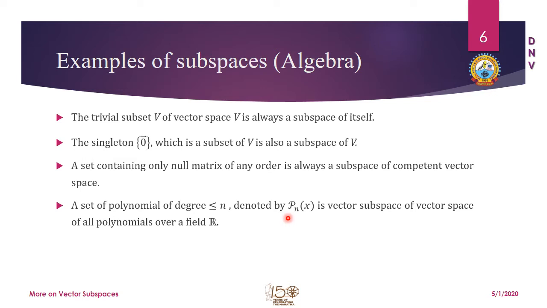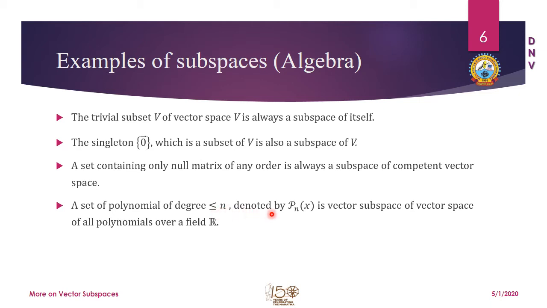So if I take n equal to 5, then what happens? If I take a polynomial of degree 0 and make it equal to 0, then it is an element of this set. So 0 exists in this set of polynomials. Again, the sum of two polynomials is again a polynomial of degree less than or equal to n.